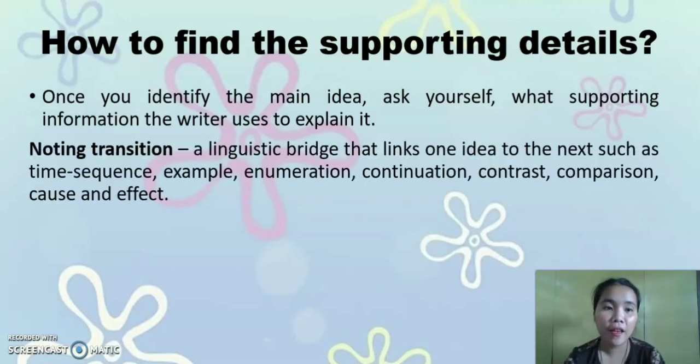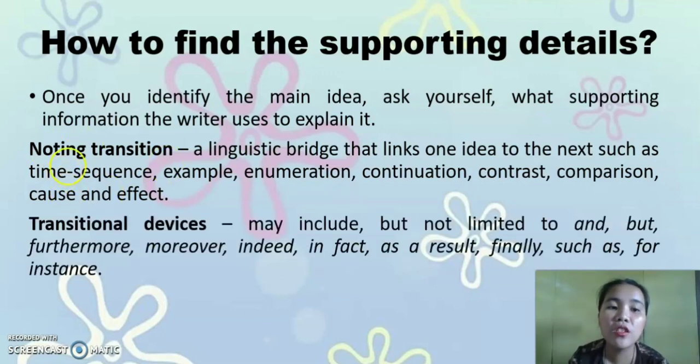Okay, noting transition: this is a linguistic bridge that links one idea to the next, such as time sequence, example, enumeration, continuation, contrast, comparison, and cause and effect. So this is your hint that what follows the main idea are examples, enumeration, or explanation about the main idea.